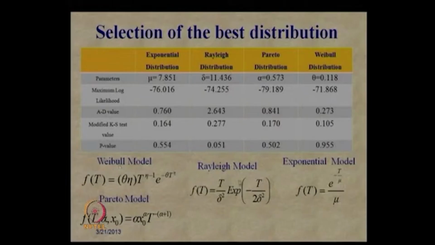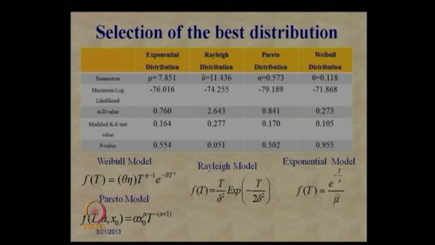These are the basic models or basic equations of these probability distributions: the Weibull model is expressed by this function, the Rayleigh model like this function, the exponential model by this function, and the Pareto model by this function. For details, you can refer to any probability book for each individual probability model, which I am not going to discuss in this course.